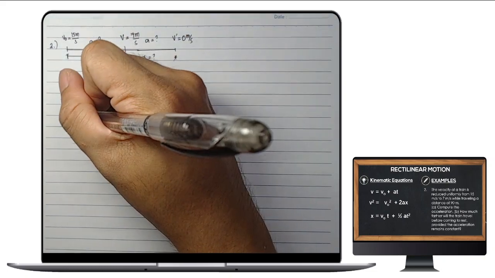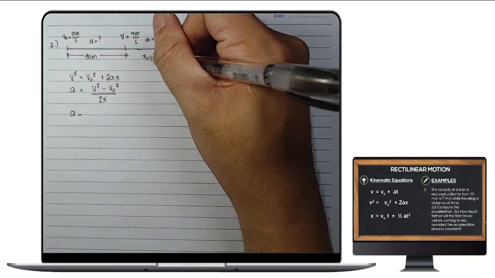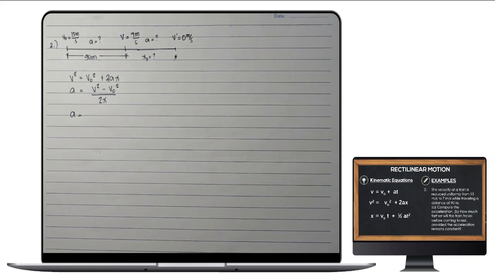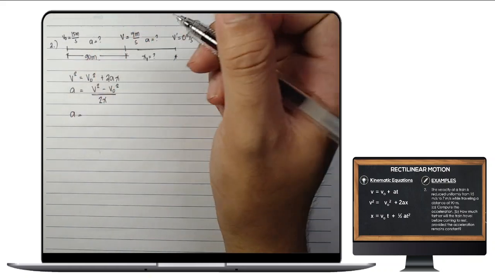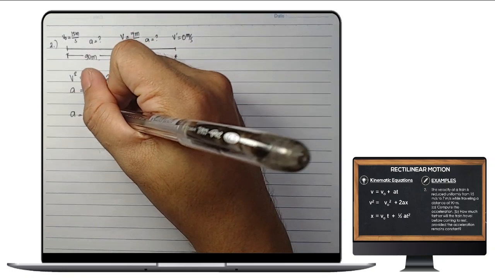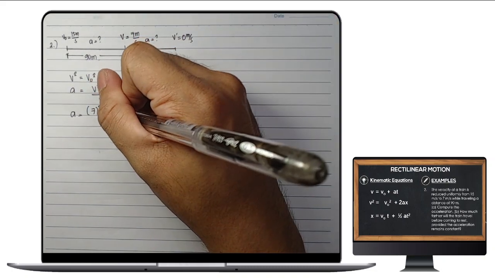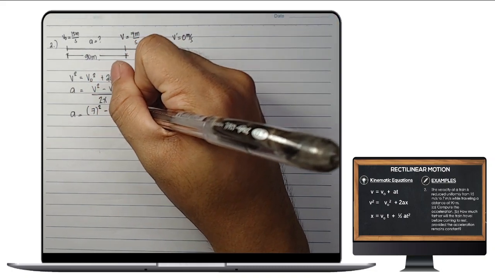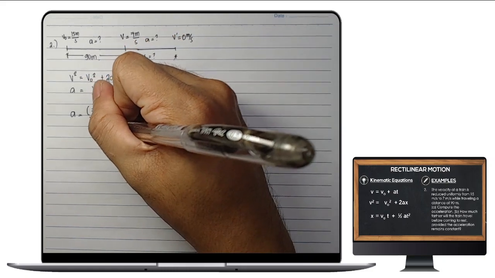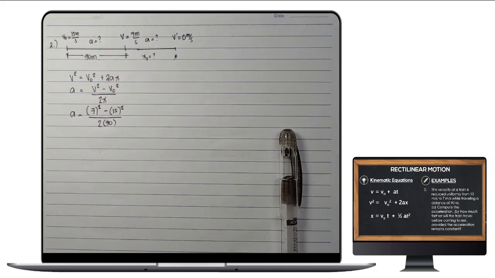So, para yon dito sa point na ito, let's have this as x sub 1 para hindi tayo malito. So, the acceleration here, the acceleration for the first phase, is 7 meter per second being squared minus the initial, which is 15 being squared, divided by 2 times x. It ran for 90 meters.